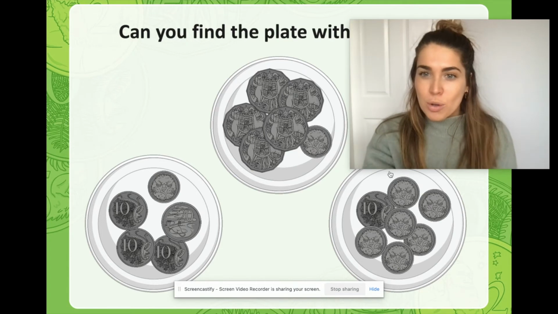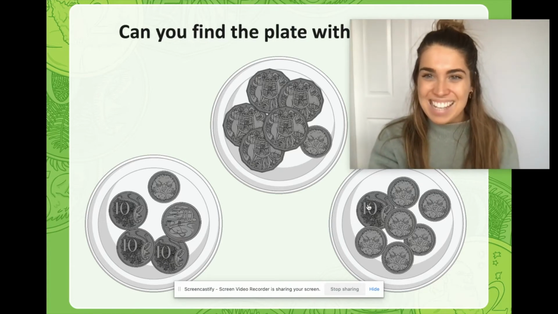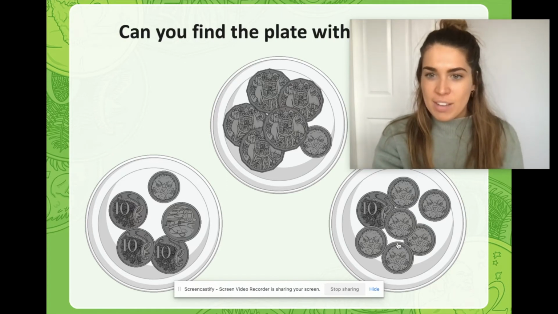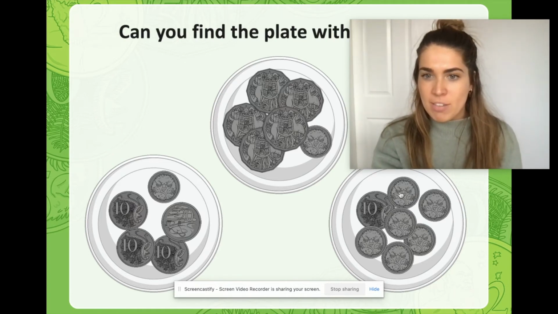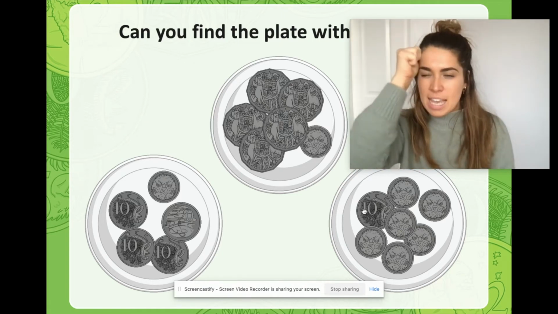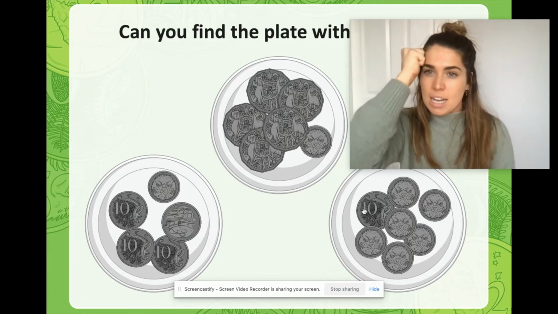All right, I want you to call out loud or point on the screen. What is the biggest coin in this plate down here? 10 cents. That means I'm going to start by counting him first. All the rest are 5 cents, so I can use my skip counting by 5 skill to help me count the amount down there. But hold the biggest number in your brain first. I've got 10 cents and I need to skip count on by 5 from that starting number.